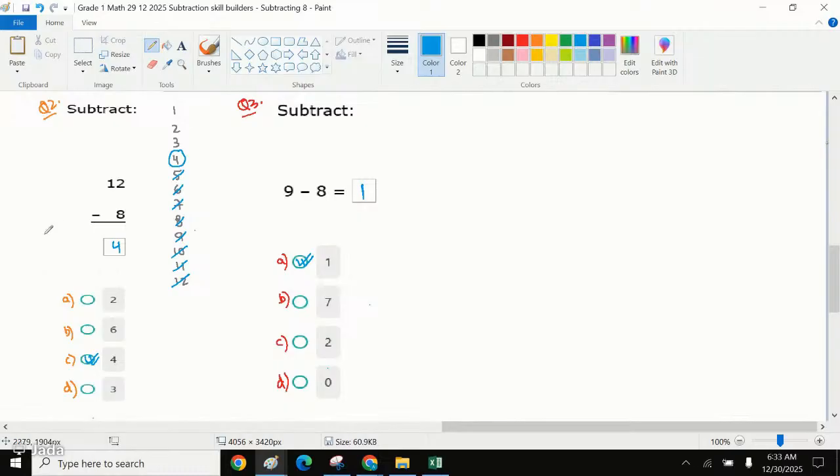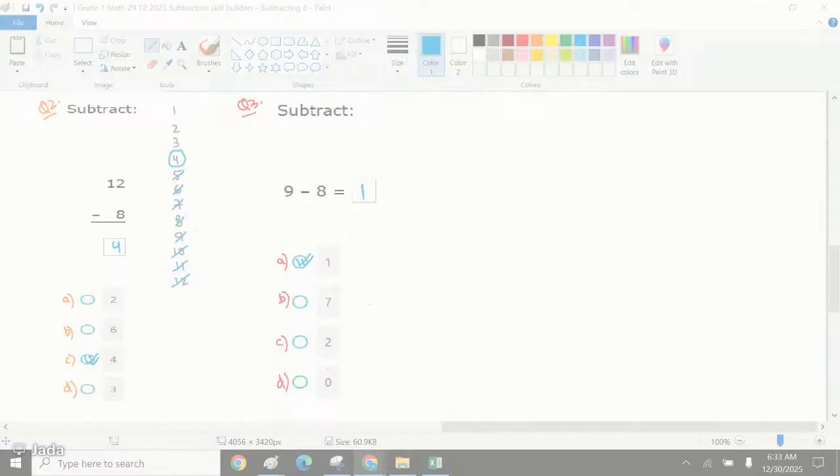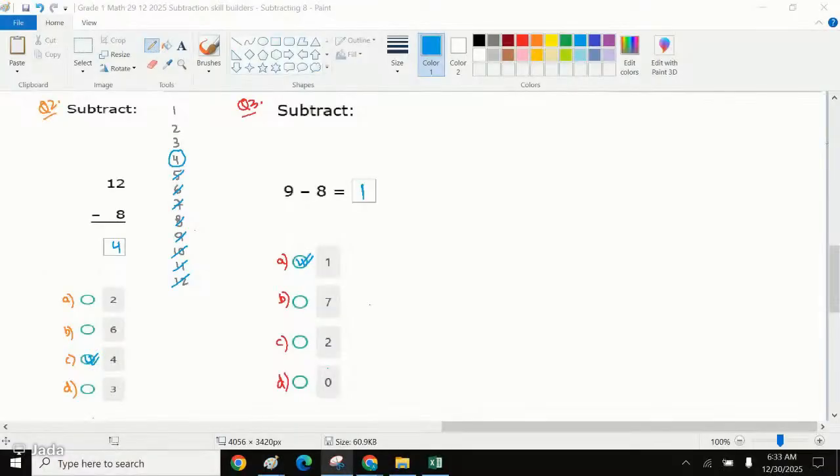Okay, moving on further, let's look at the next question. Question number 4 says subtract 12 minus 8. I'll copy it so that we have it for our reference.